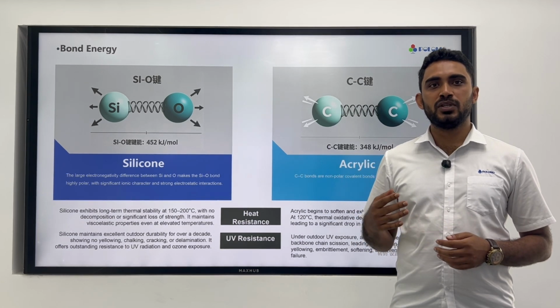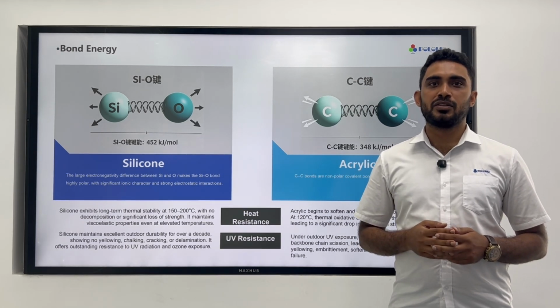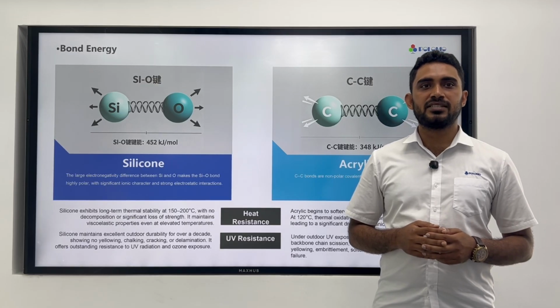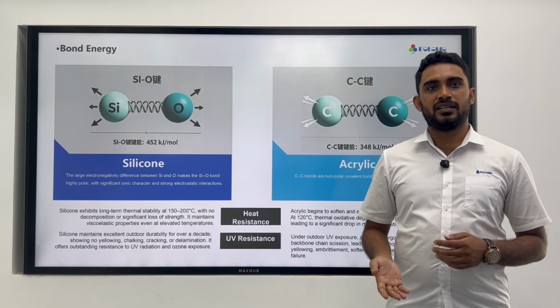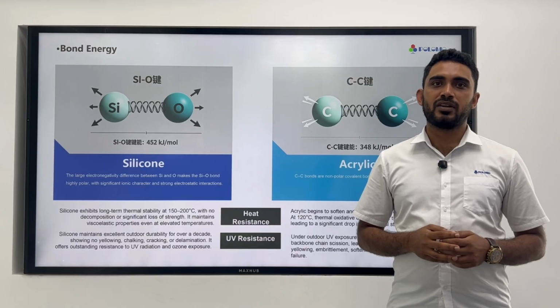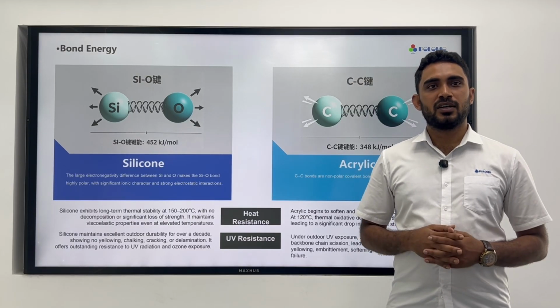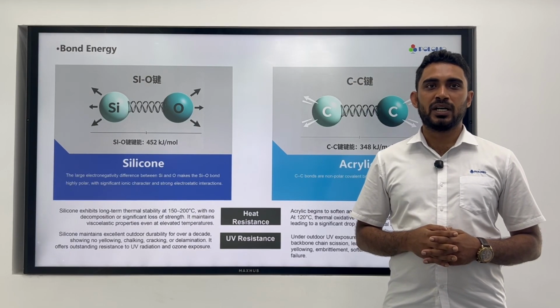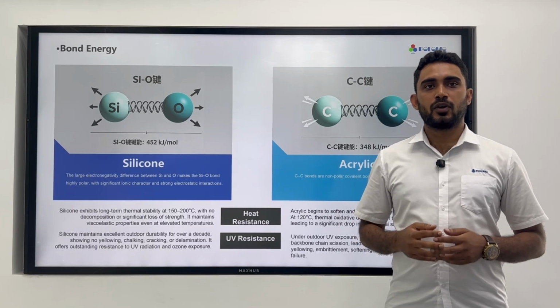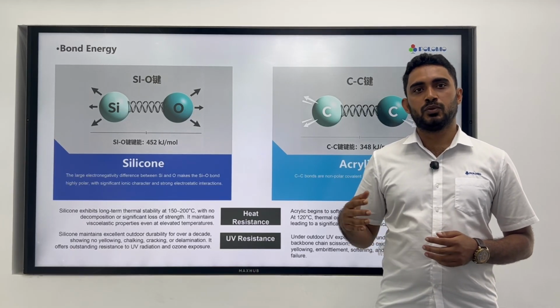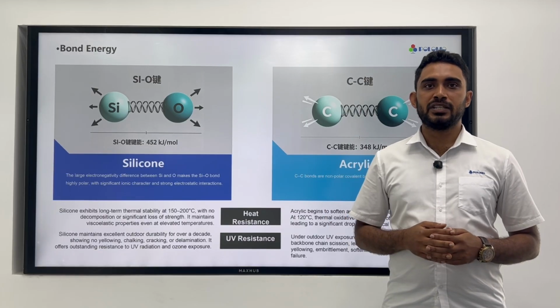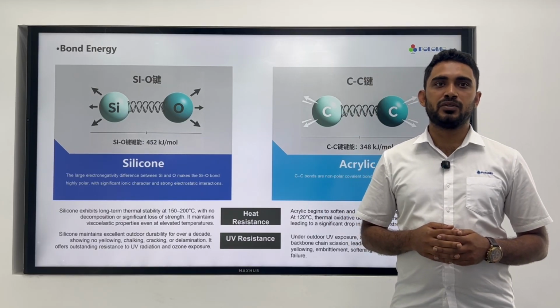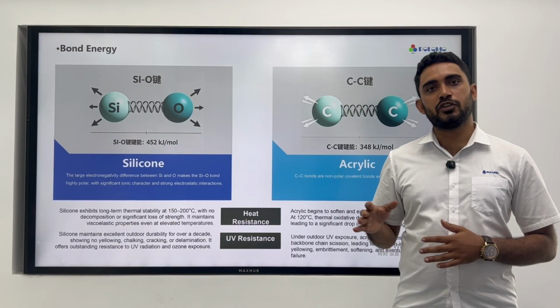At 120 degrees Celsius, thermal oxidation begins and mechanical strength drops rapidly. Under outdoor UV, acrylic chains break down, causing yellowing, eventually adhesive failure. For global automakers who sell vehicles into hot deserts, tropical humid regions or high altitude sunny areas, silicone's durability is unmatched.